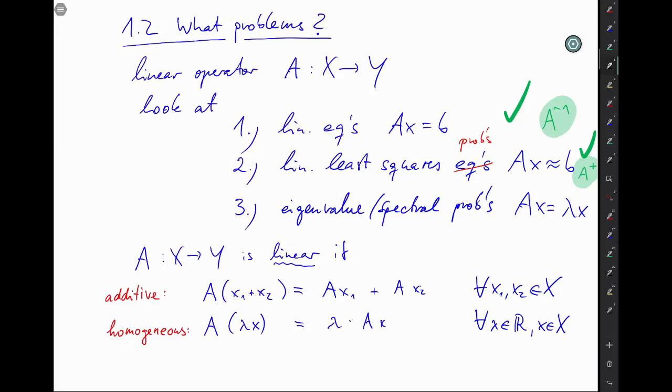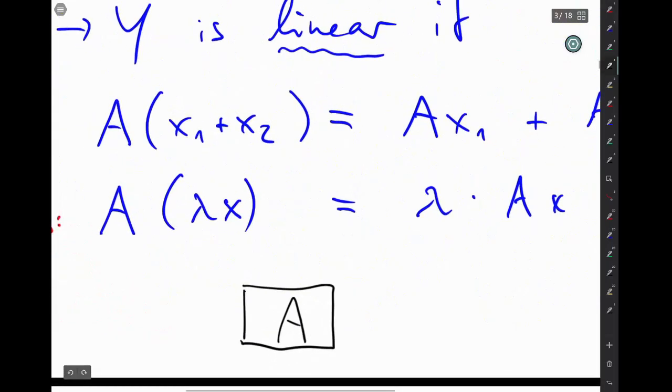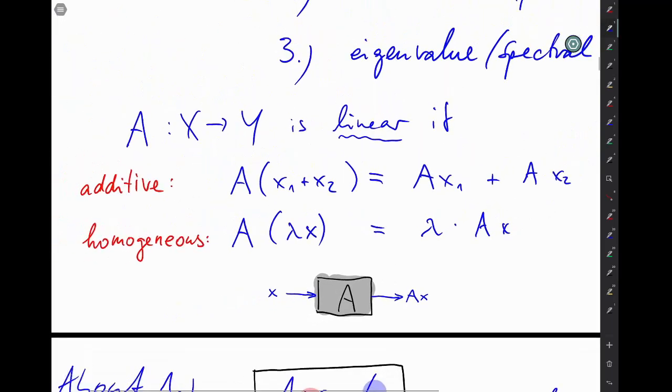So if you think of your operator A as a little black box, let me paint it black, that takes little inputs x and produces an output that is called A of x, then linearity simply means the following. Additivity means that if you've got two different inputs, x1 and x2, and you add them before passing them through the machine, then what you get is just the output of x1 and x2 separately processed by the operator A, and then the result added.